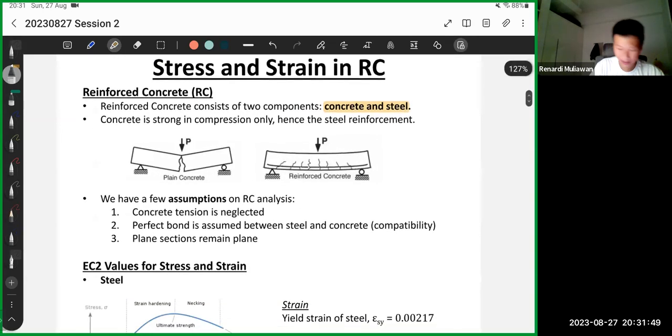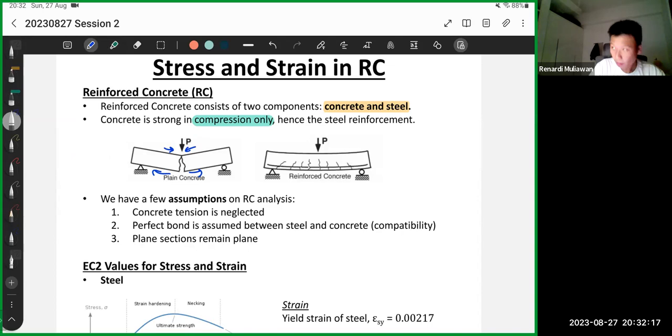Why do we add steel? It's actually simple. Concrete is strong in compression only. So if you put a load here, the upper part will have compression, the bottom part will have tension. It's like bending, something like this. So the bottom part is in tension, the top part is in compression.